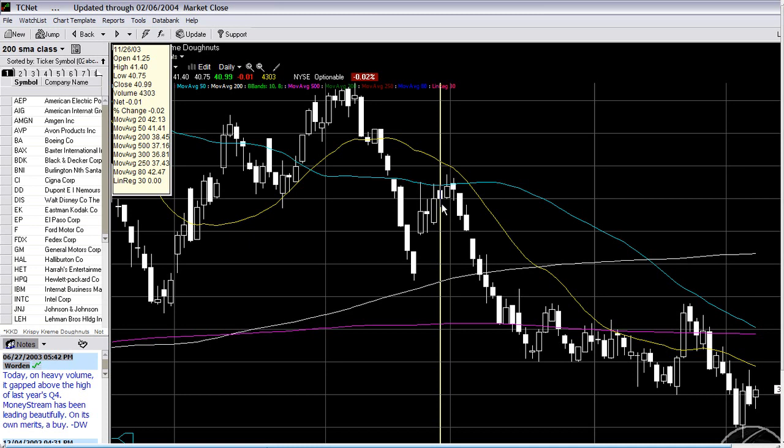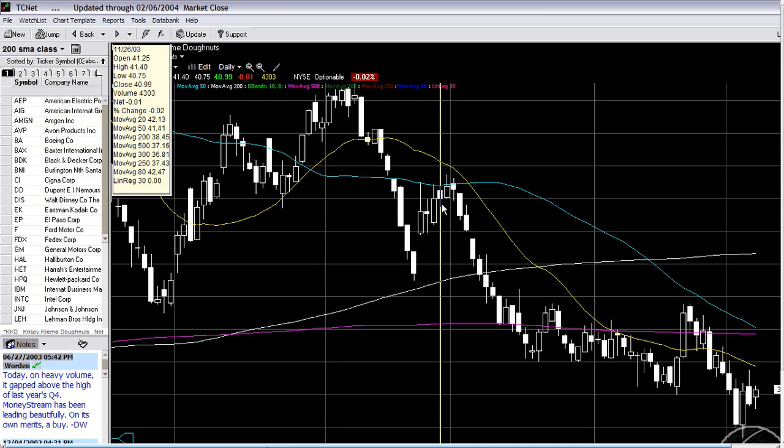Any clue about what you think it could do after that? Gap up. Yeah, gap up. Yep. What do you think, if we had studies up on this chart, do you think they're rolling over or just shooting straight up? They're rolling over.